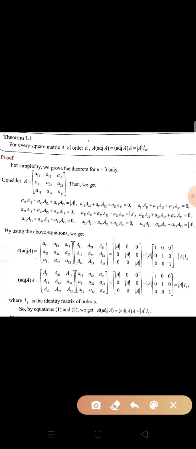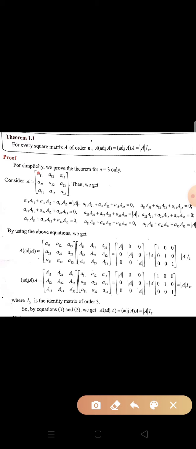Next, we find the product of corresponding elements with corresponding cofactors and add. First row with the first row cofactors: a11 A11, a12 A12, a13 A13. This value will be determinant A. This is already learned in 11th standard.